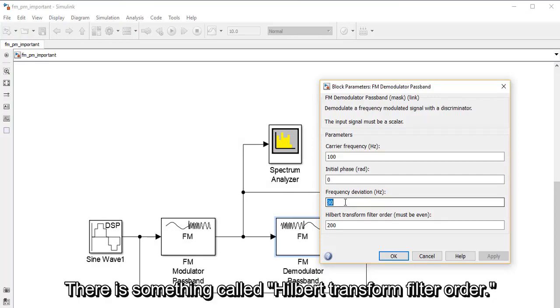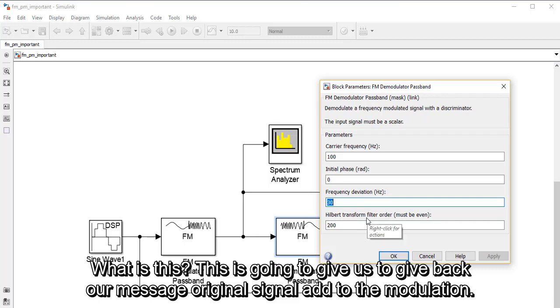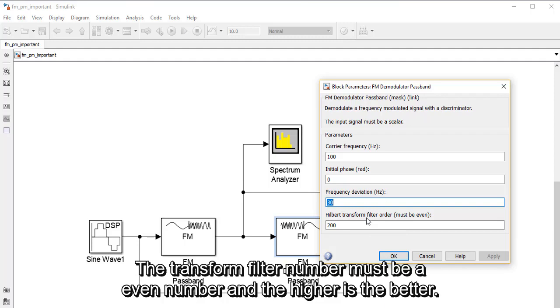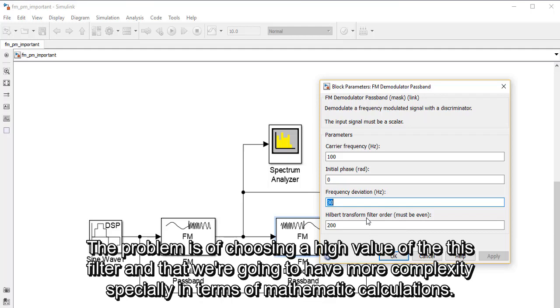There is something called the Hilbert transform filter order. What is this? This is going to help us to get back our original message signal after the modulation. The filter order must be an even number, and the higher it is, the better. The problem with choosing a high value is that we are going to have more complexity, especially in terms of the mathematical calculations.